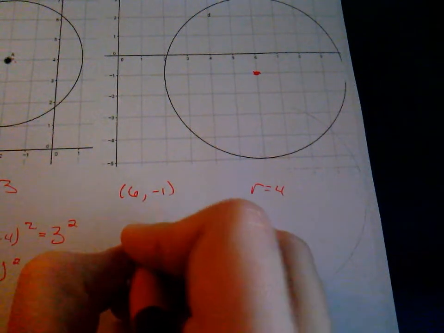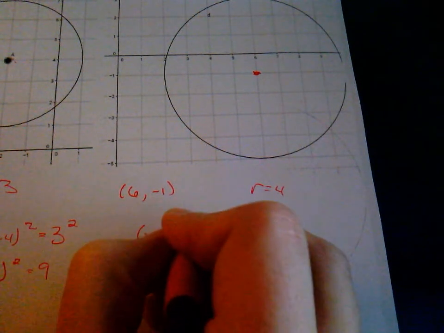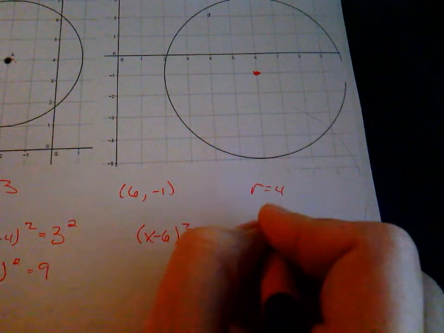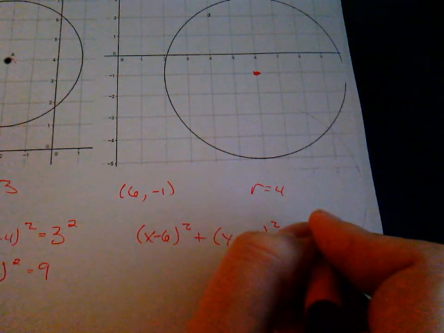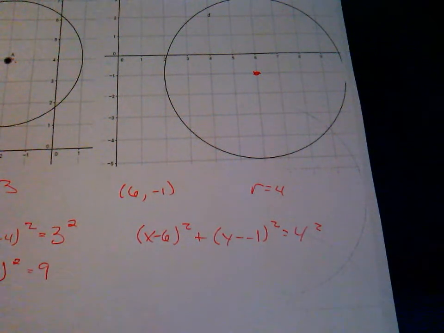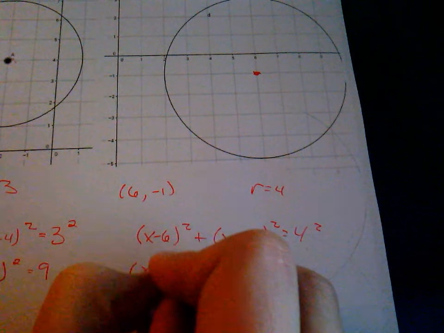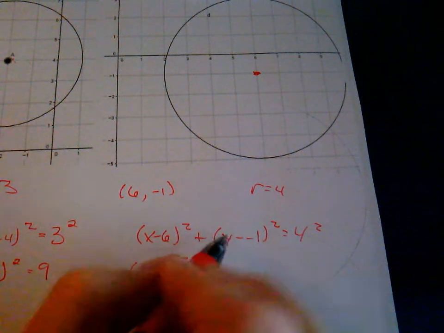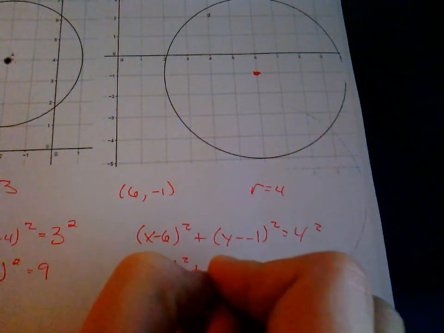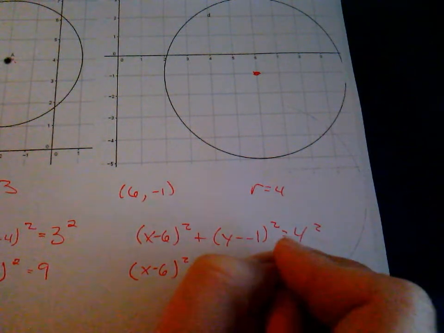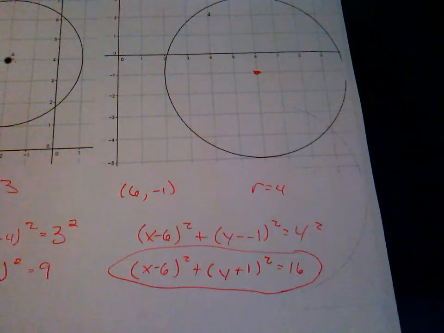It's going to be (x minus 6) squared plus (y minus -1) squared equals 4 squared. Or (x minus 6) squared plus, there's a double negative, so this becomes (y plus 1) squared equals 16. And that's it.